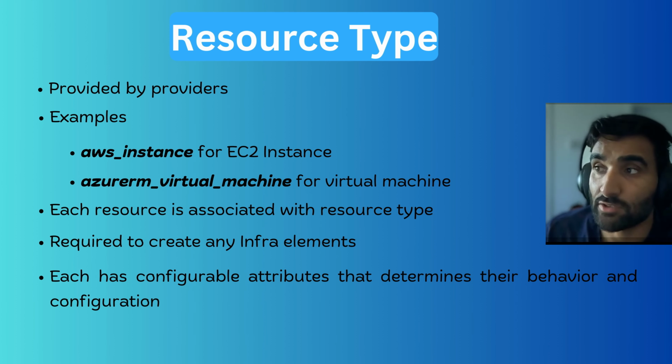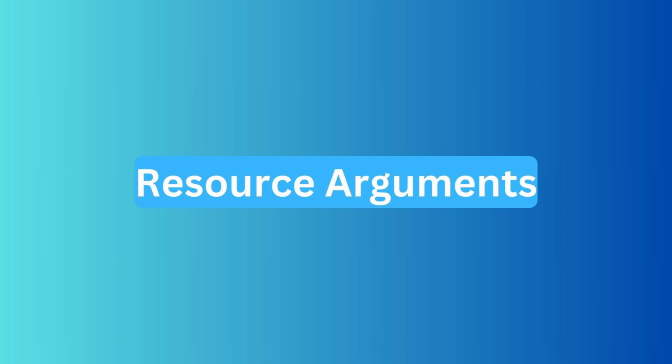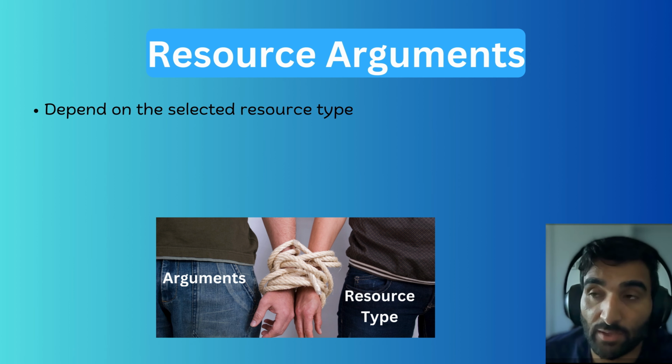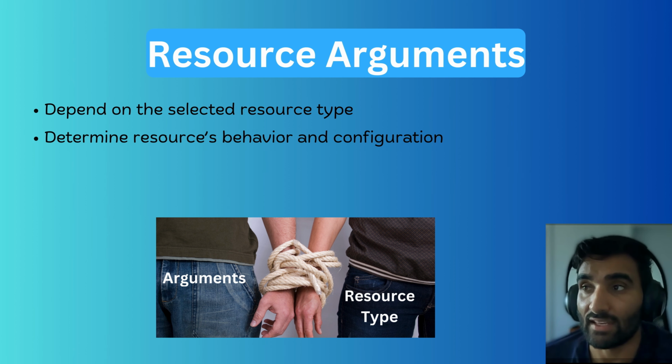All the attributes that you define determine the behavior, how the resource is going to get deployed in your environment. Resource arguments depend on the resource type that you select, and the arguments are the ones that determine the behavior of your resource.